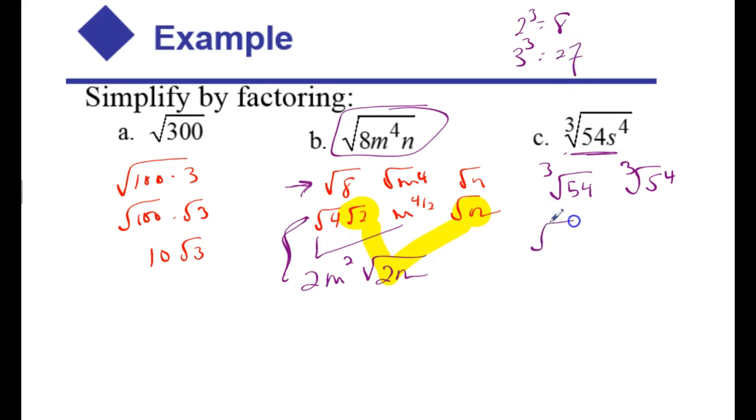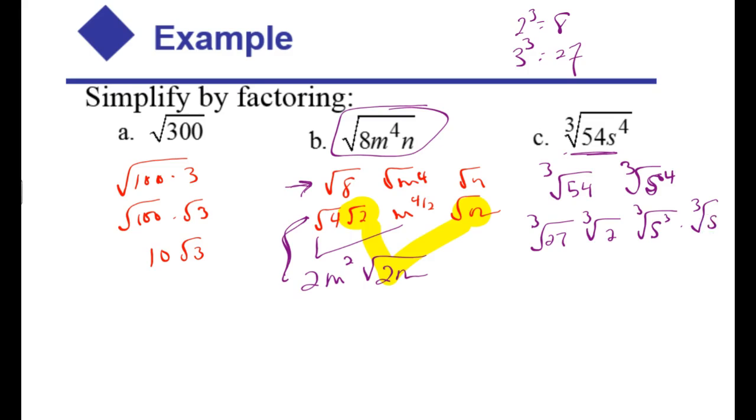So I think 27 does go into 54. So I'm going to write this as the cube root of 27 times the cube root of 2, because 2 times 27 is the 54. And I'm going to do the same thing with this s, which kind of looks like a 5. I'm going to break this up to be the cube root of s cubed times the cube root of s.